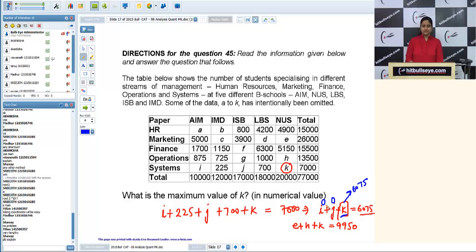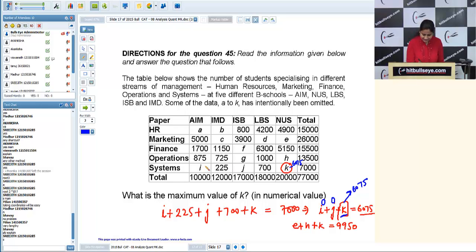Because in an equation, if you want to maximize one variable, you have to minimize other variables. That's why I'm taking K as 6075 and other variables I'm considering 0 and 0. Are you getting me? I'm considering I as 0 and J as 0. This is 6075.